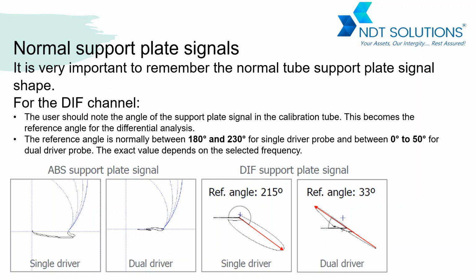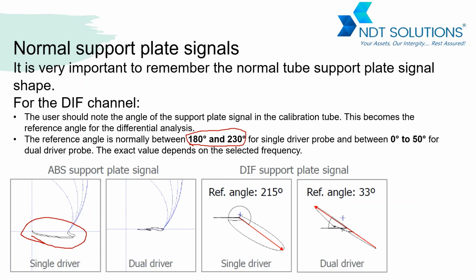So this slide represents how the baffle plate will appear on your screen when we are using a single drive probe. Your baffle plate will appear like this, and the angle for that one is 180 to 230 degree.